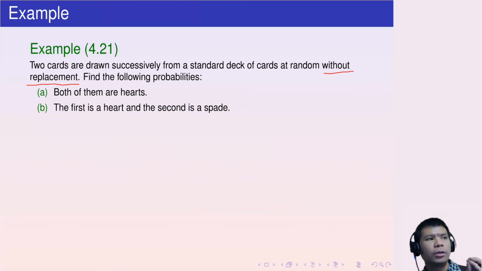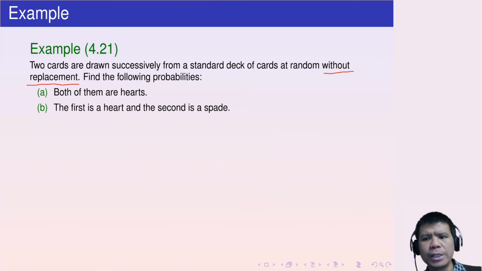This is a selection method. If it is without replacement, you draw one card, and when you draw the second card, you do not replace the first card back into the deck. So you draw one and then draw another one.